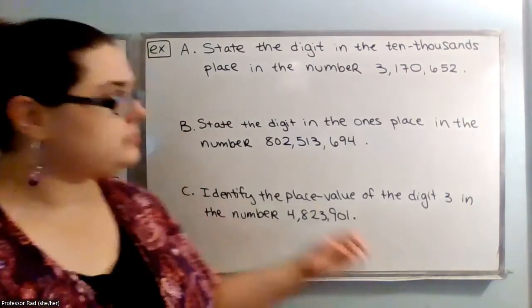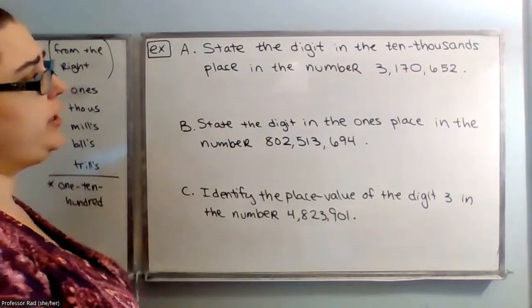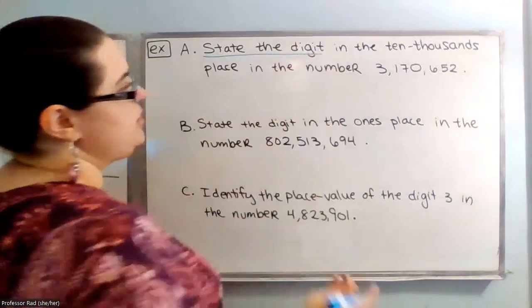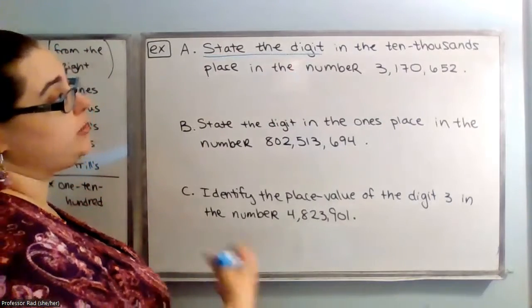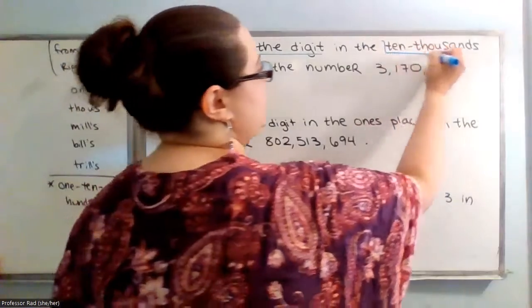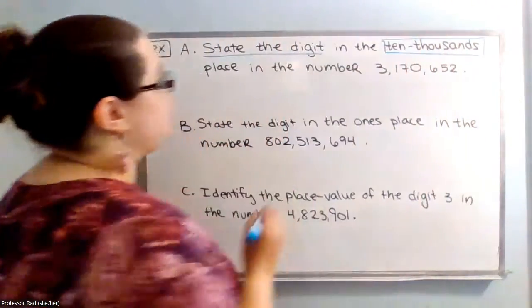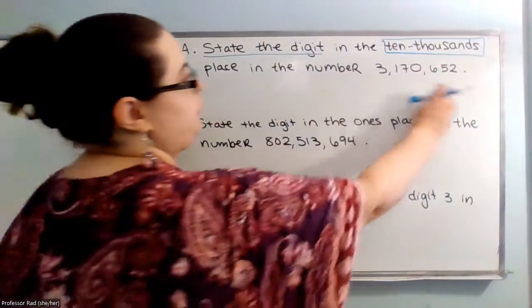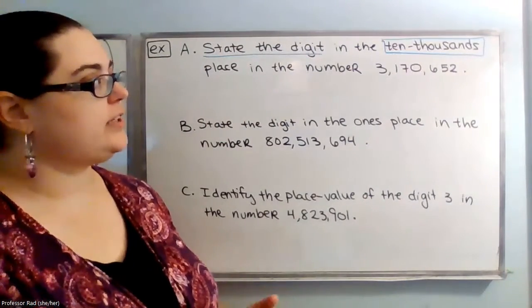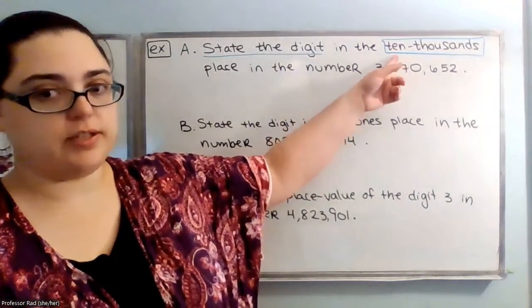So let's look at this first example. They want us to state the digit. So when I see state the digit, that means I'm going to be saying a number. So I want to be stating a single number that's in the 10,000s place in this number here. So I need to give a number as my answer, and I need to identify the 10,000s place.